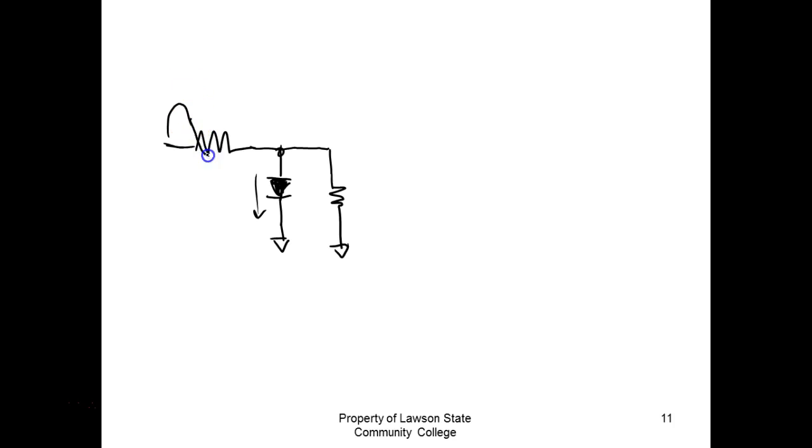Now on the negative alternation, when this goes negative, what happens to this guy right here? It reverse biases. So now whatever's across here is going to appear where? Across the load. So it's going to come up and give us this right here. And it's going to be the full peak voltage because the diode is blocking, right? It's not conducting.